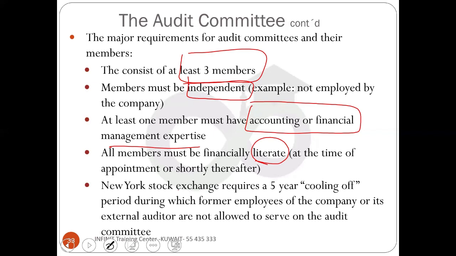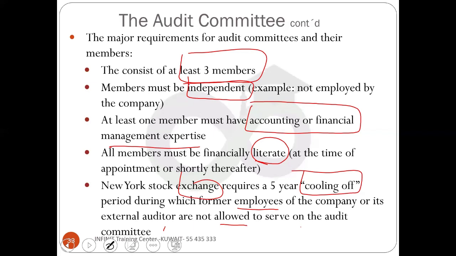And the New York Stock Exchange requires a 5-year cooling off period during which former employees of the company or its external auditor are not allowed to serve on the audit committee. Suppose you are an employee in the company, then you have to wait for 5 years to be a part of the audit committee.